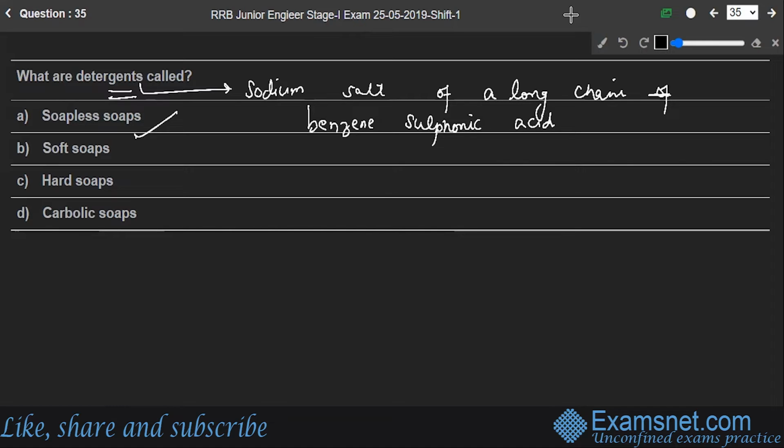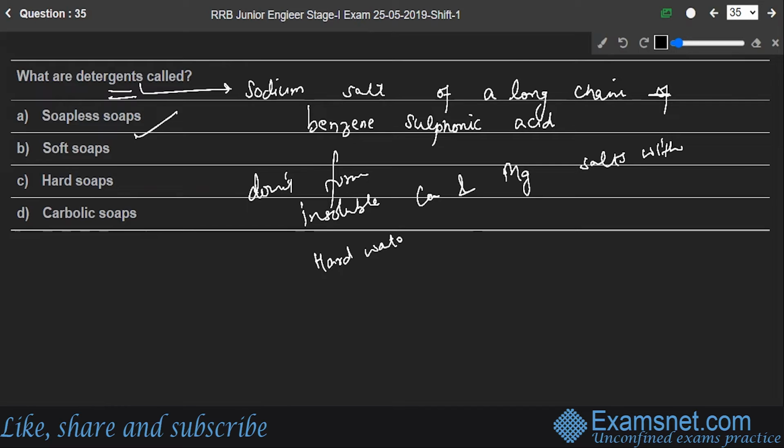They do not form insoluble calcium and magnesium salts with hot water. So they can be used for washing even with hot water. So option A is the right answer to the question. Also, you have biodegradable detergents which can be destroyed by bacteria.